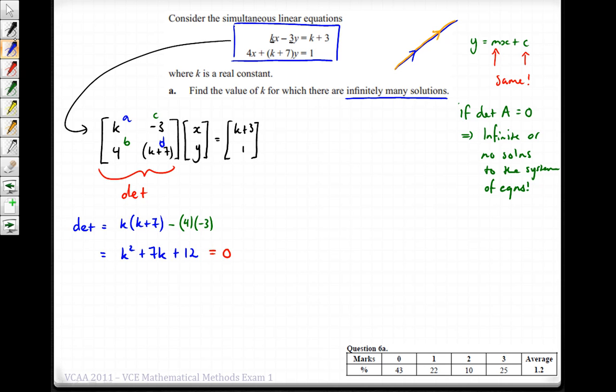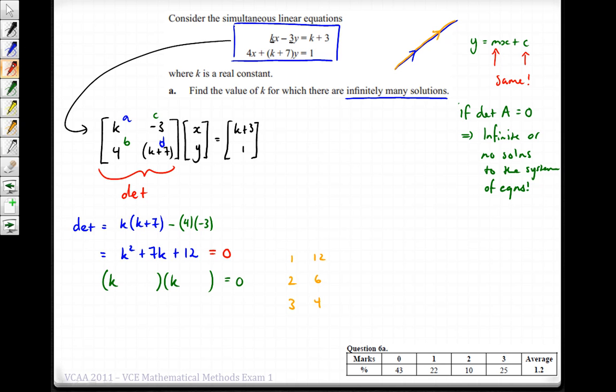So again, it's a quadratic, so we should look to factorize first. So to do that, we're just going to pop k here and k here. And we're going to find a couple of numbers that can sit next to k that add together to give 7 and multiply together to give 12. So the multiples of 12 are 1 and 12, 2 and 6, 3 and 4.